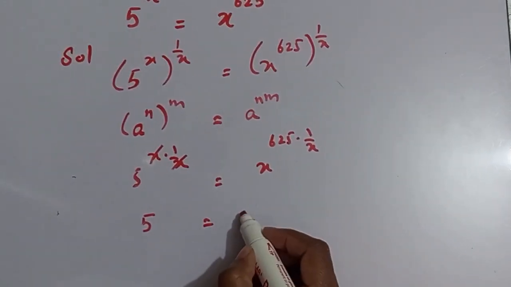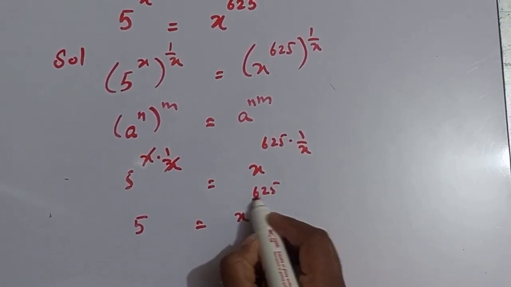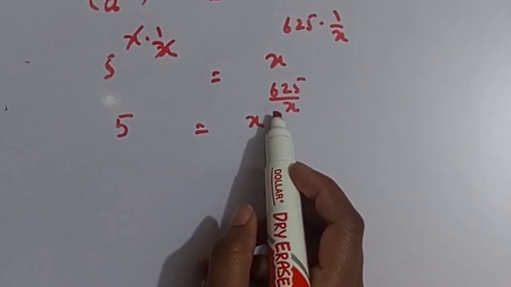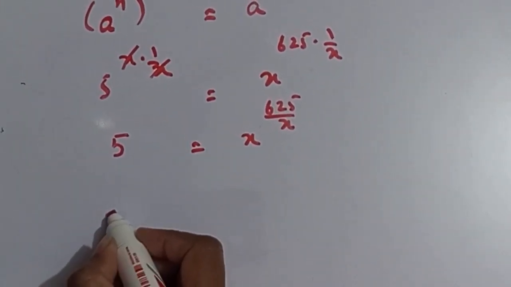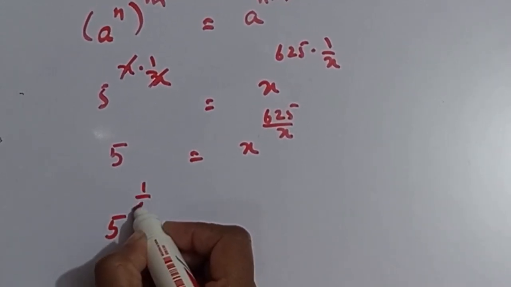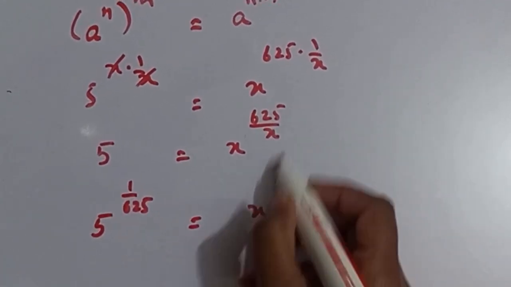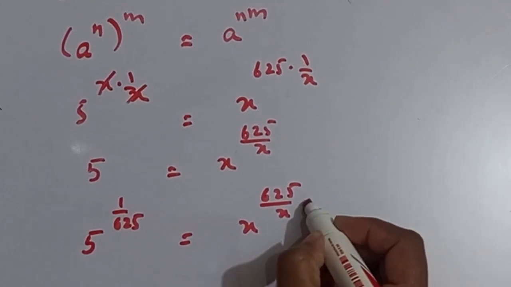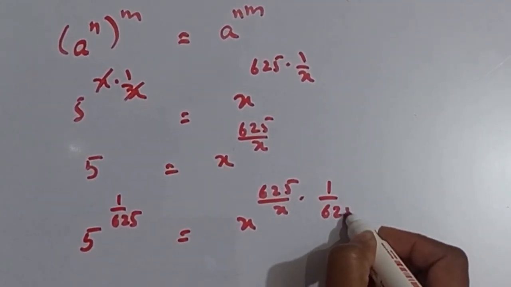Multiplying this exponent, we get 625 over x. In the next step, we multiply the exponent by 1 over 625 on both sides. So 5 multiplied by 1 over 625 in the exponent is equal to x raised to the power 625 over x, also multiplied by 1 over 625.